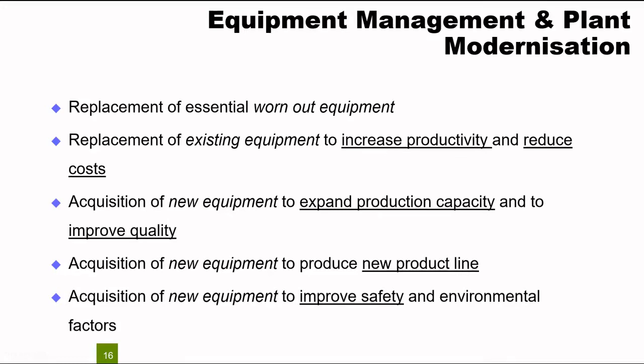When you buy a new car, it's going to be safer because the standards are much better, and it does not produce that much pollution. When you keep that in mind, only then will we understand why it is important to acquire new equipment.